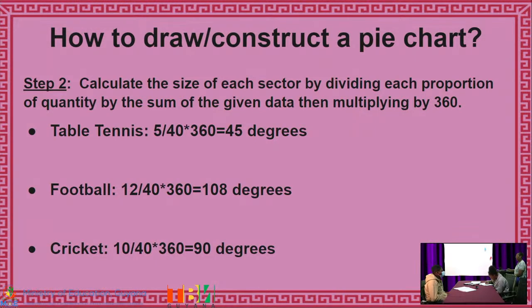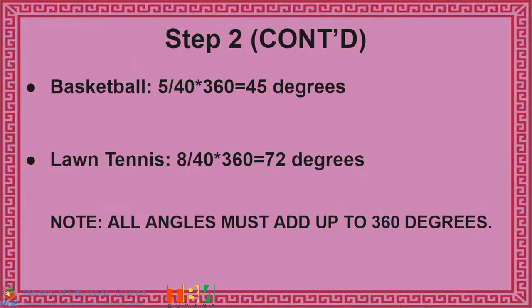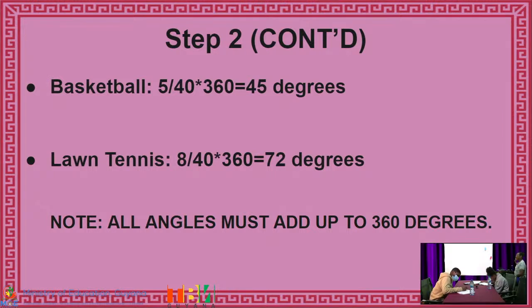We there? Yes. Great. Basketball, 5 over 40 multiplied by 360, we get 45 degrees again. Then lawn tennis, 8 over 40 multiplied by 360, we get 72 degrees.